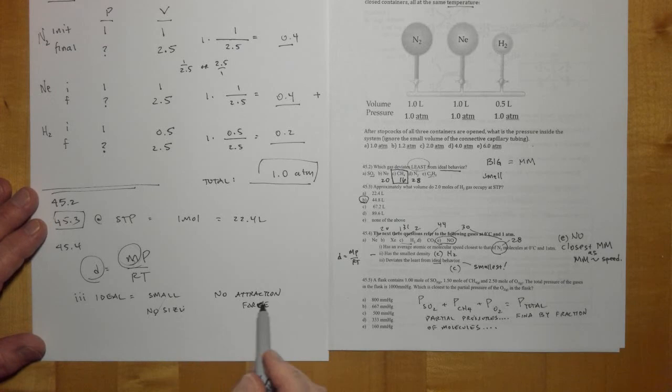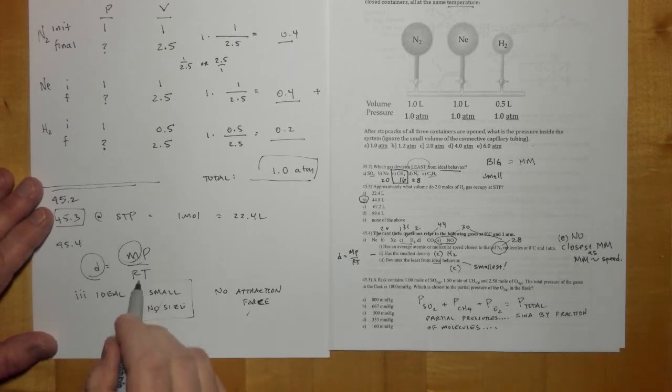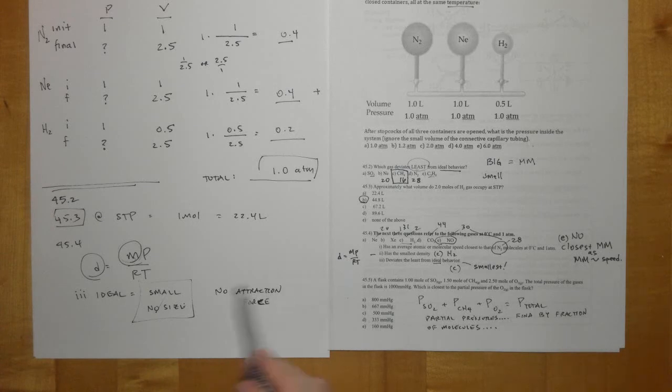Since they're all nonpolar, we don't have to worry about attractive force, so you'd get the small size or the large size as the question. They could ask which would deviate the most from ideal behavior, and that would be xenon, because it's the largest. The smallest one would deviate the least from ideal behavior, and that would be hydrogen.